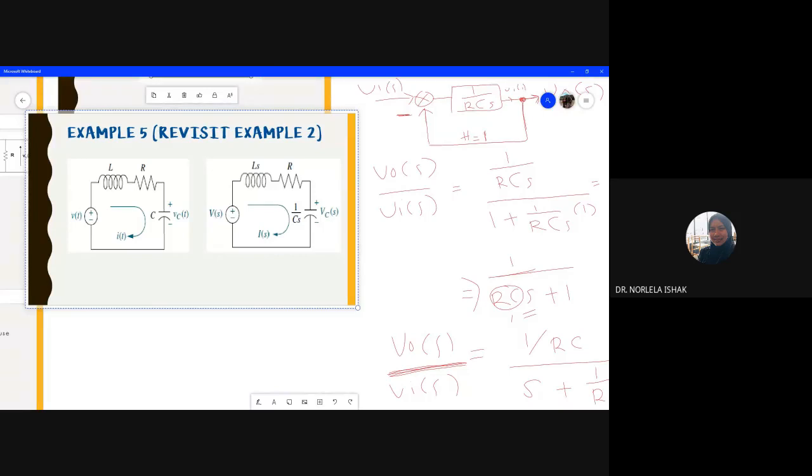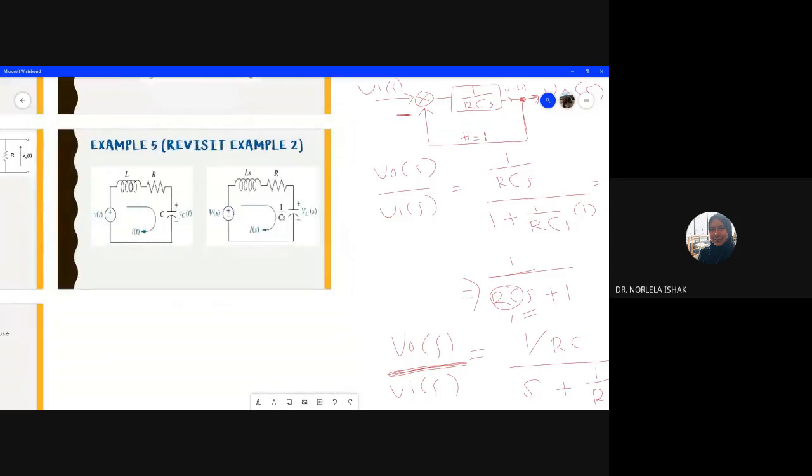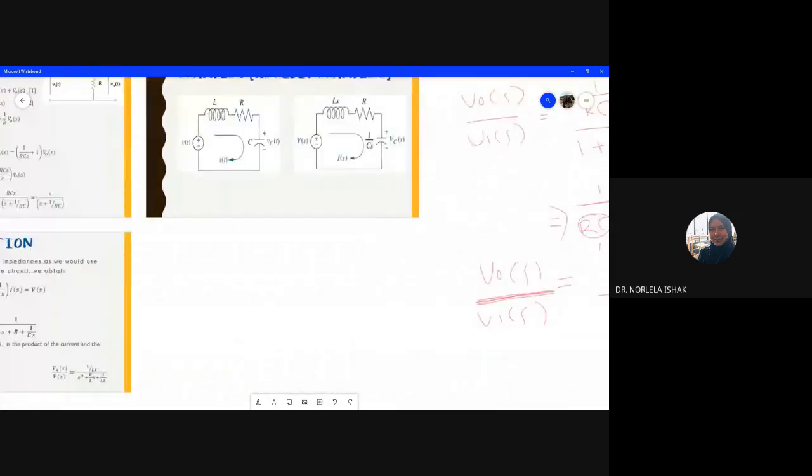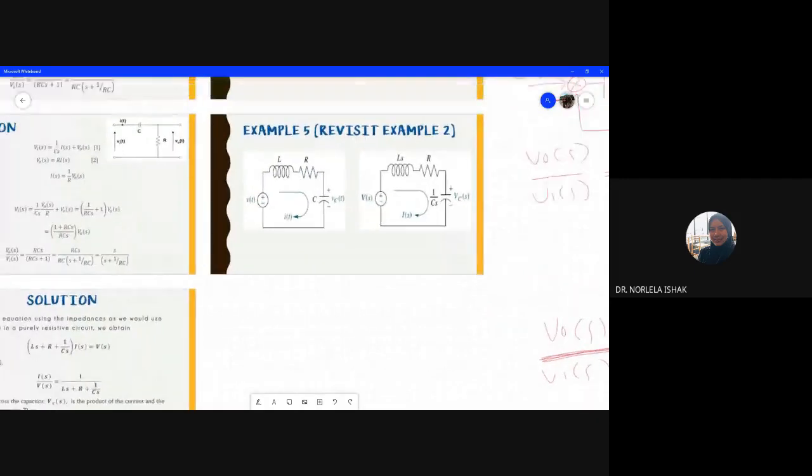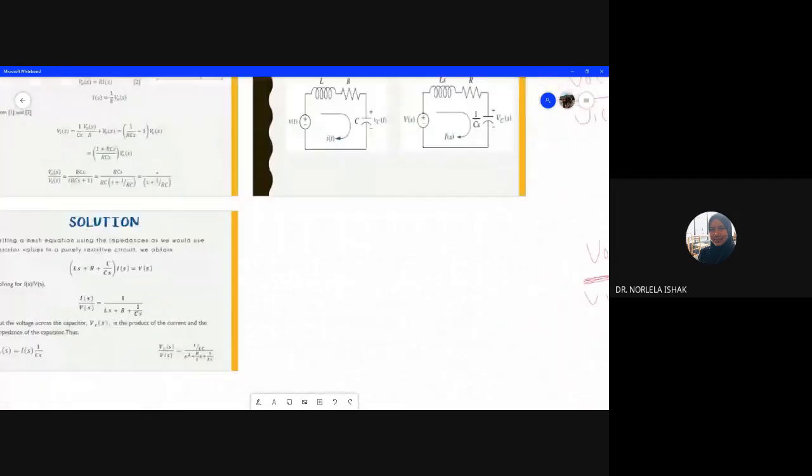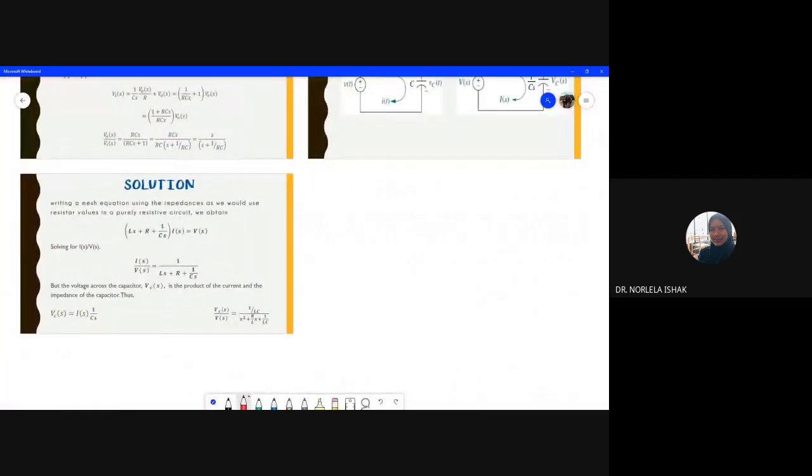Okay. First step, how to derive? Who can derive the first equation? This is from the mathematical equation, so from the mathematical equation, this is the transfer function. We want to define this transfer function by using block diagram.